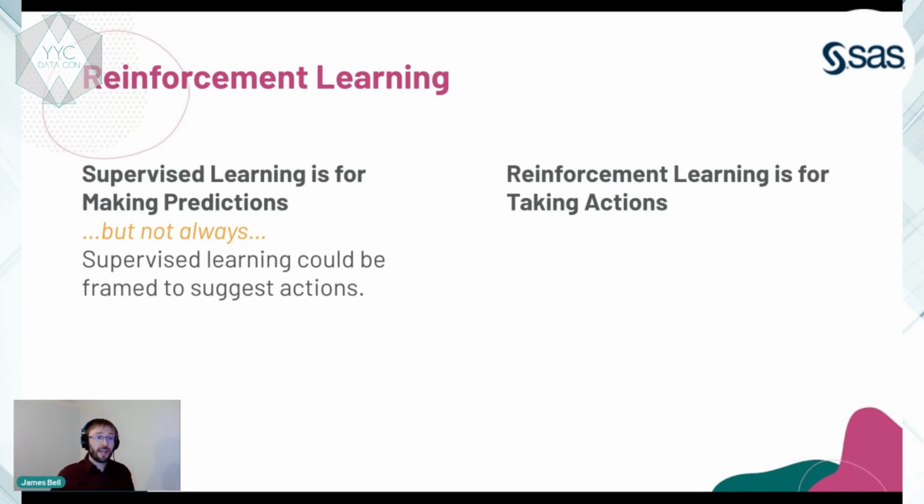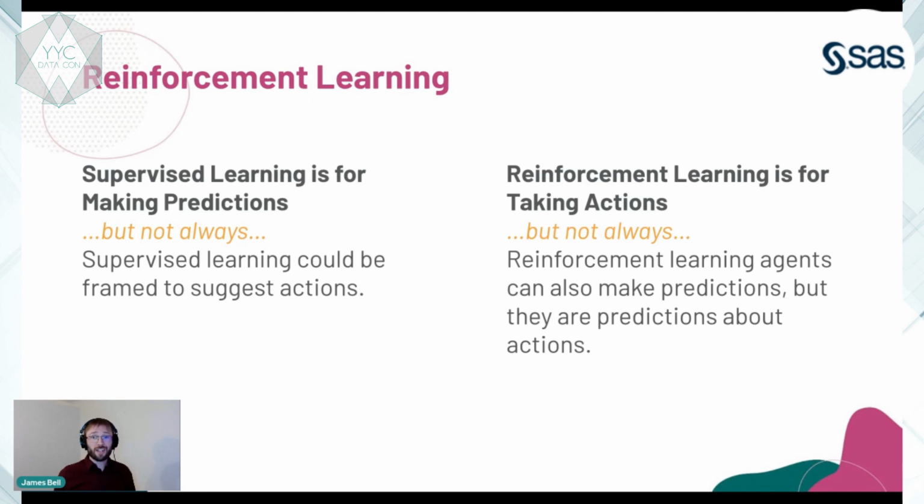And on the other side, reinforcement learning agents can actually make predictions. They're generally predictions about the actions that would be taken, like an analyst predicting if we take this action and another organization takes another action, what do we predict the cascade of effects that will happen of different people acting in different ways? So there is some back and forth on this where they blend a little bit.